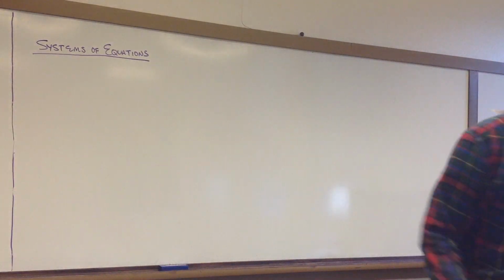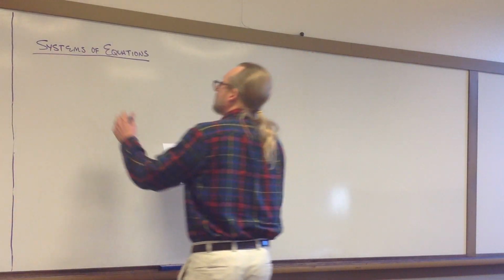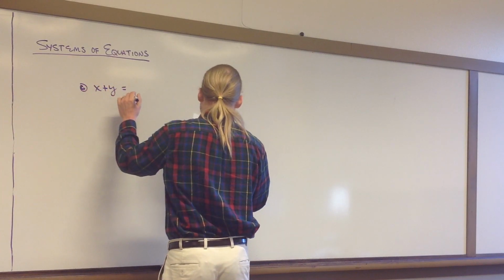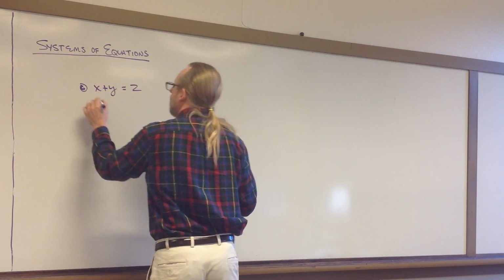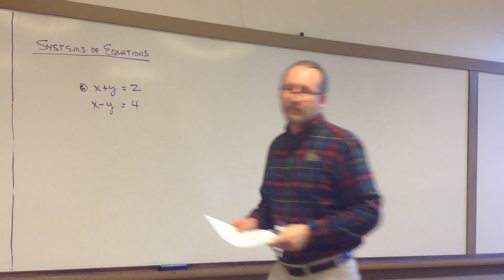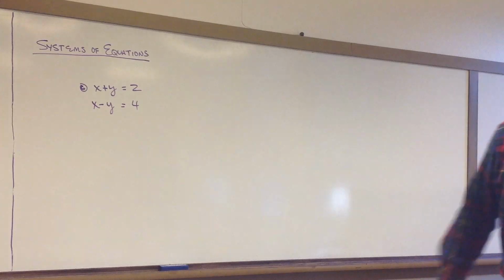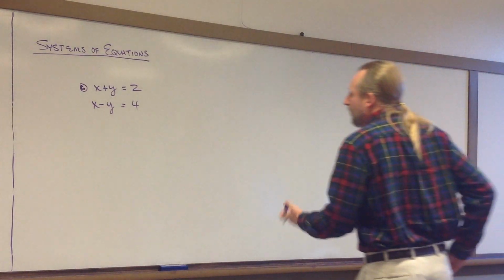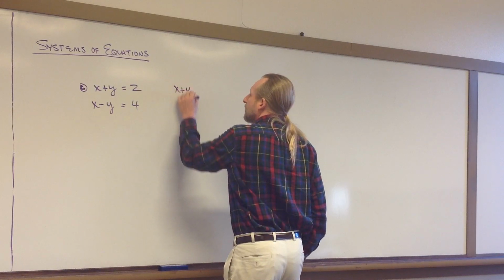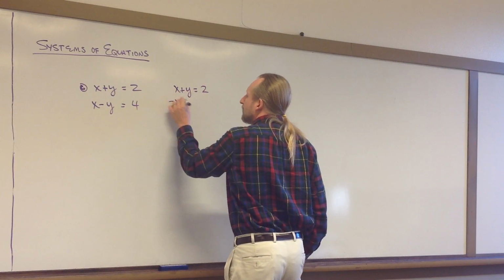So, problem 6. We get the system x plus y equals 2, x minus y equals 4. You don't have to put these in slope-intercept form, but I always find it much easier to graph something if it's in slope-intercept form.